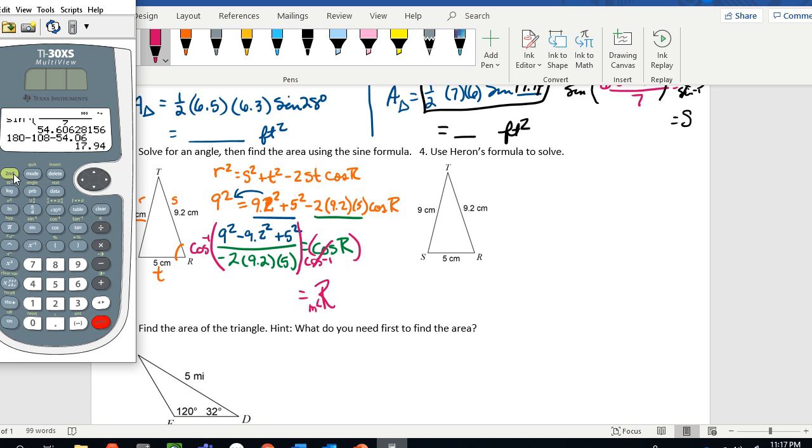So I want N over D. Let's see, second cosine, N over D button. What goes on top is 9 squared minus 9.2 squared plus 5 squared all over negative 2 times 9.2 times 5. There we go. Enter.